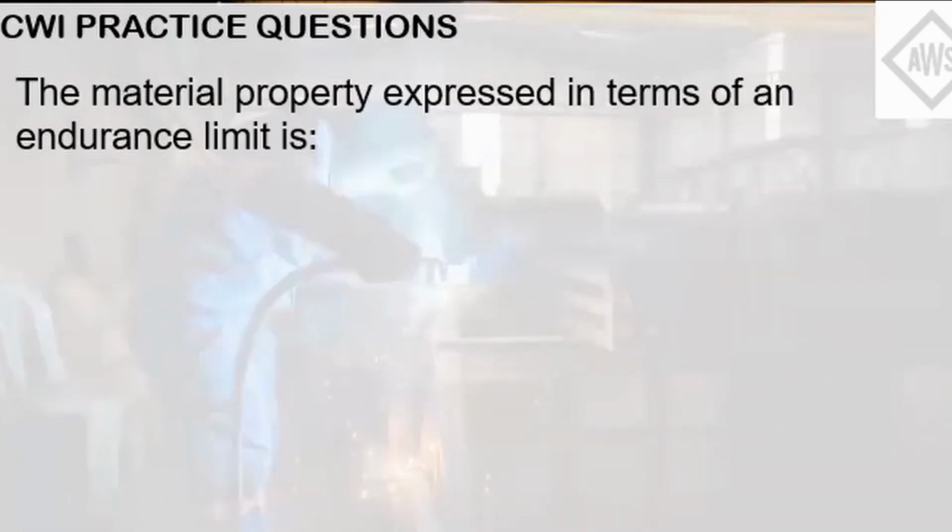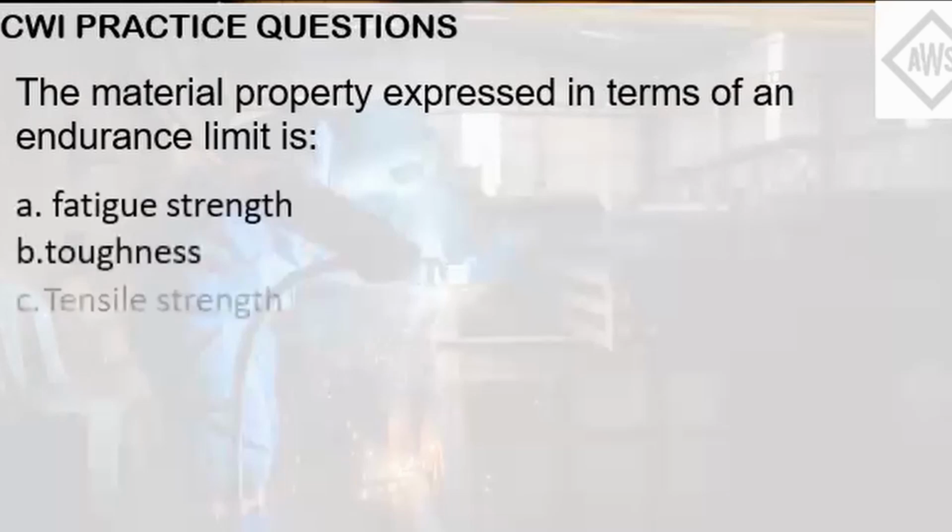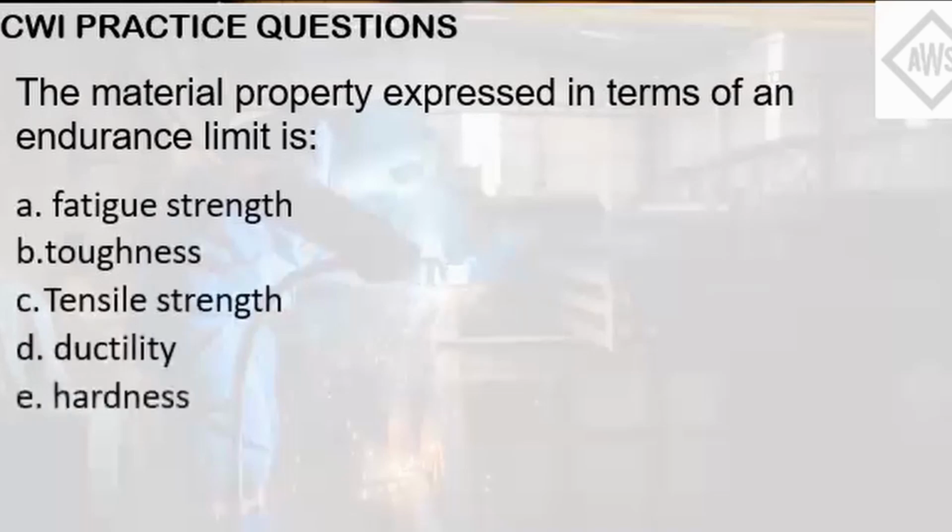The material property expressed in terms of an endurance limit is letter A, fatigue strength, letter B, toughness, letter C, tensile strength, letter D, ductility, letter E, hardness. The property that is expressed in terms of endurance limit is the fatigue strength. For the mechanical engineers out there, if you can remember the Goodman and Soderberg equation, the endurance limit of the material is synonymous with the fatigue strength.